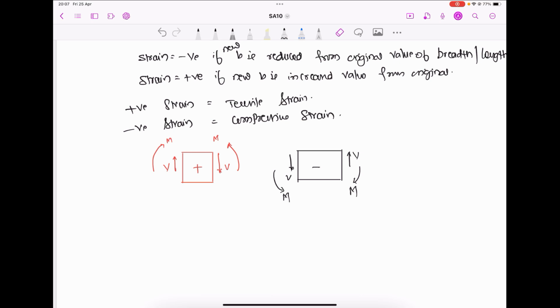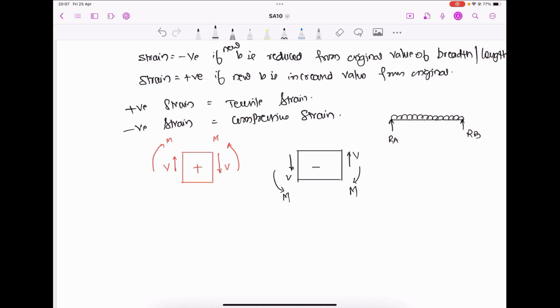Like this, in the last example what we have shown, you just see, this is the problem. It is RA, this is what we have assumed, and this is RB.